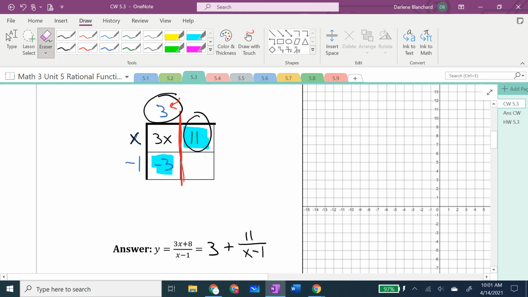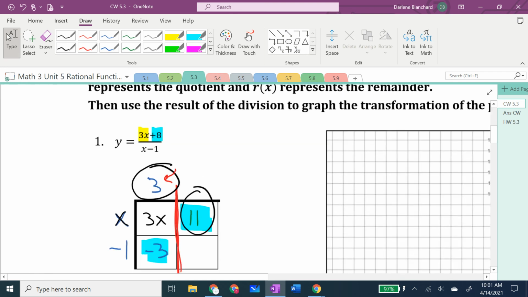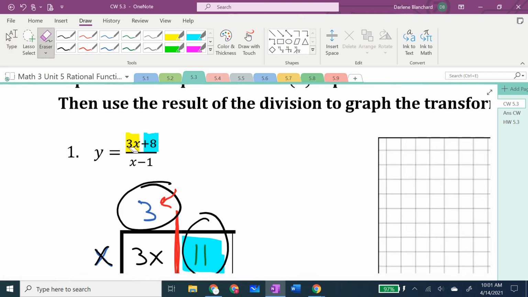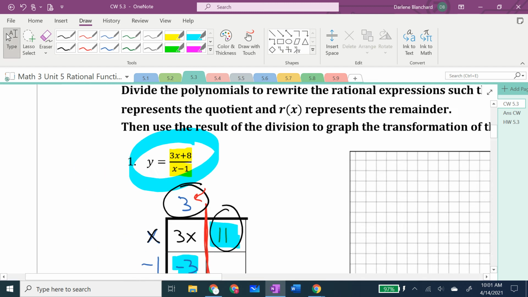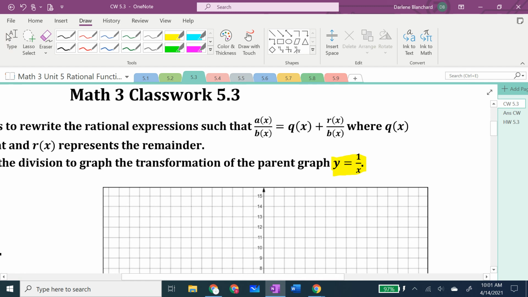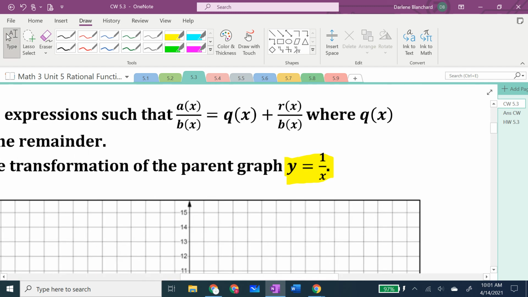And just to let you know, what we're focused on today is actually looking at rational functions where you have a linear function, so like mx plus b kind of thing, over another linear function. If your two polynomials in the numerator and the denominator are both linear, I guarantee you that what you have is a transformation of that y equals 1 over x.